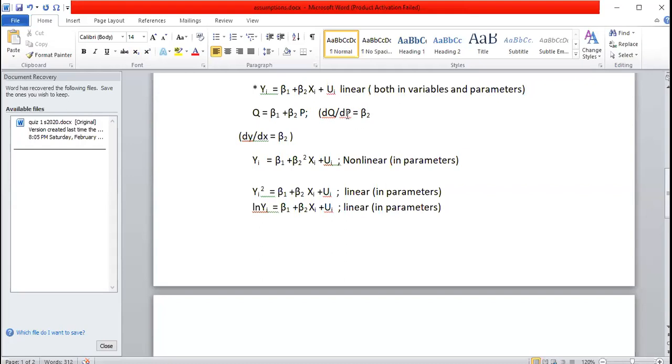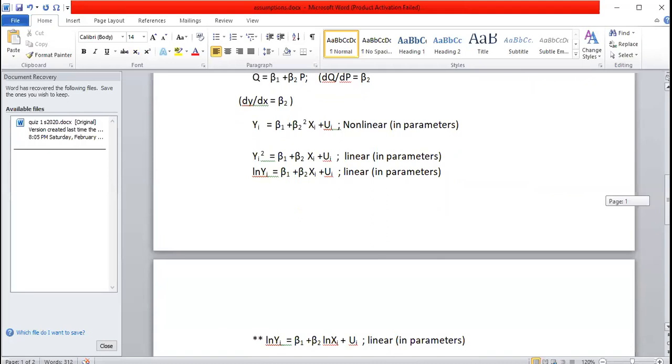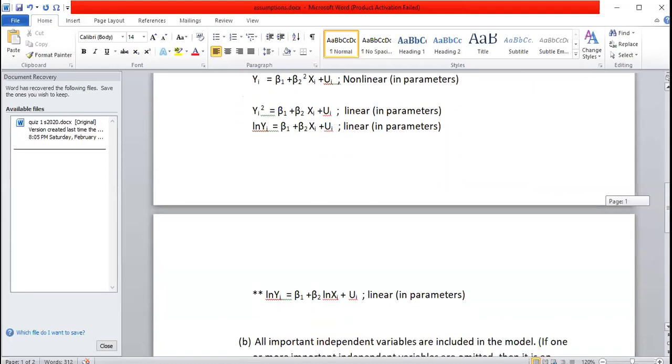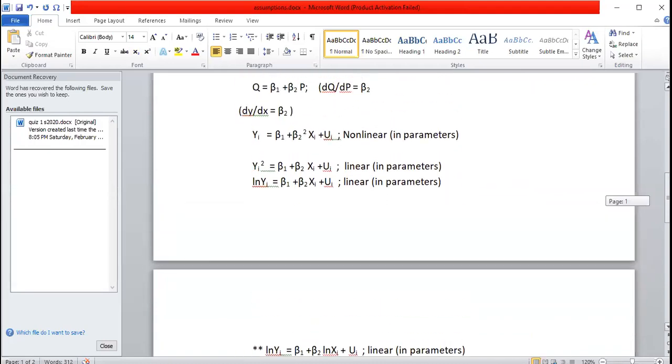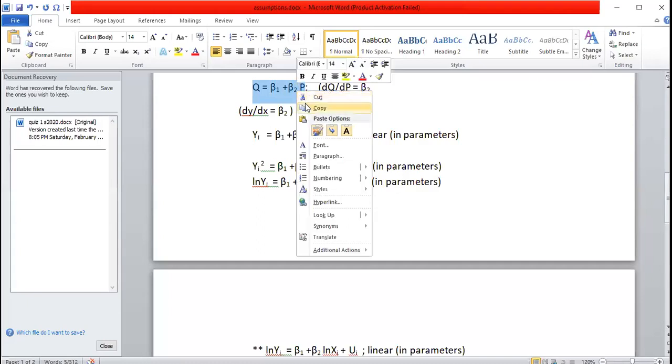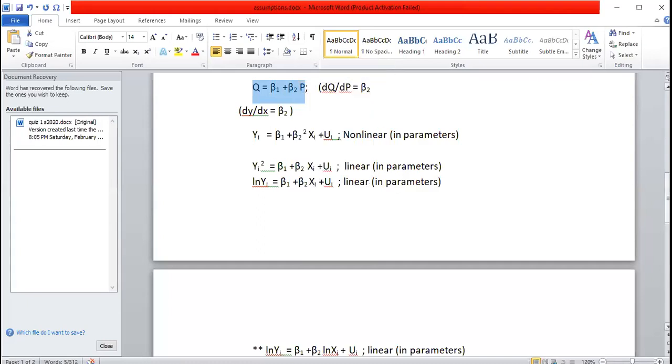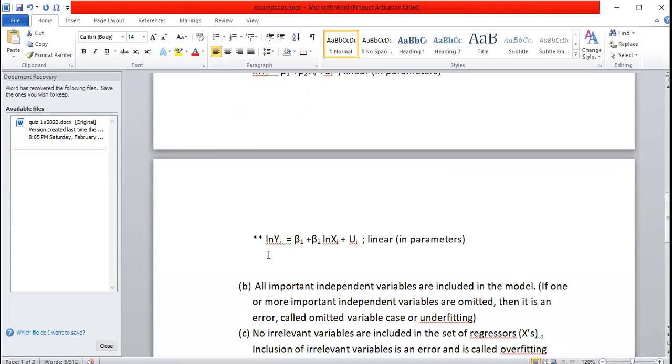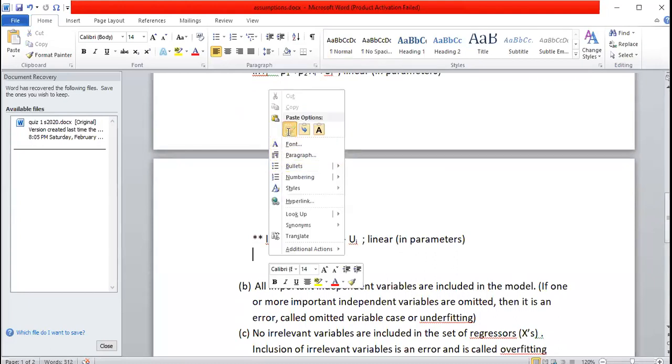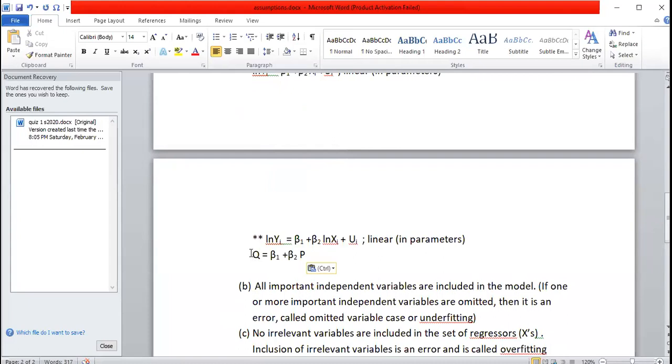So if P increases by 1 unit, Q changes by beta 2. Obviously, you will get a negative here. So that is not elasticity. Elasticity is the percentage change in quantity due to the percentage change in price. So if price increases by 1%, by what percent does quantity demanded decrease? So let's put it here. So it's basically this.